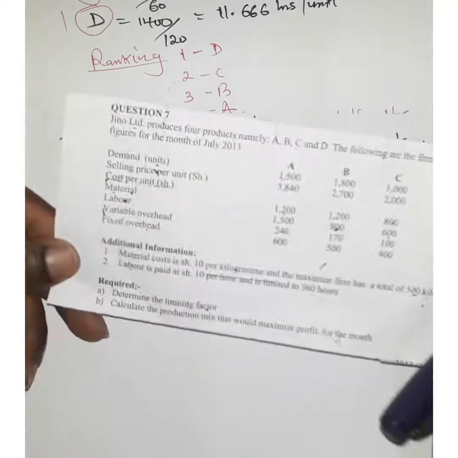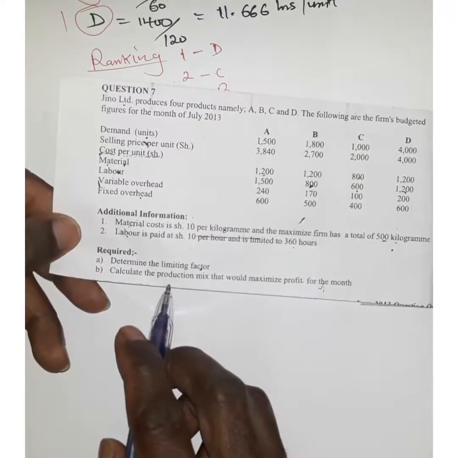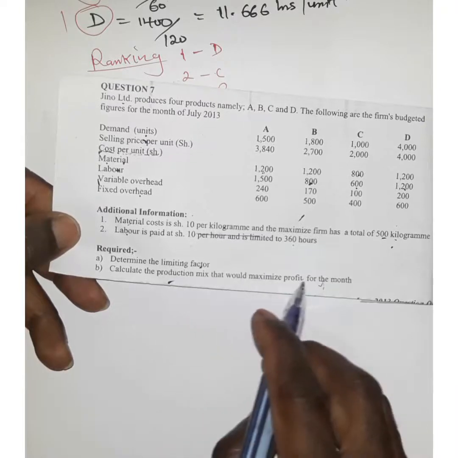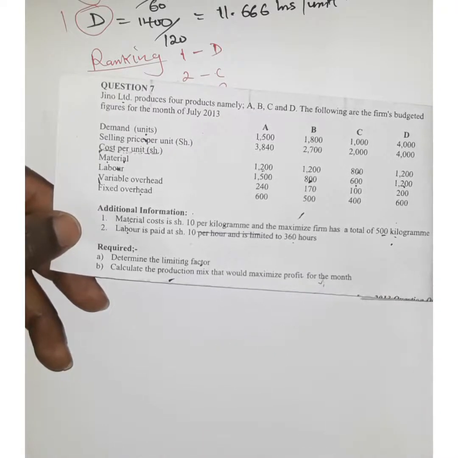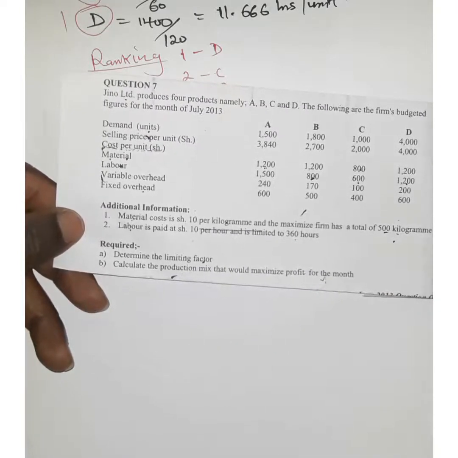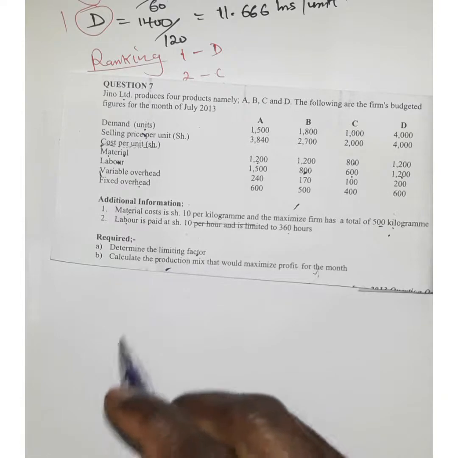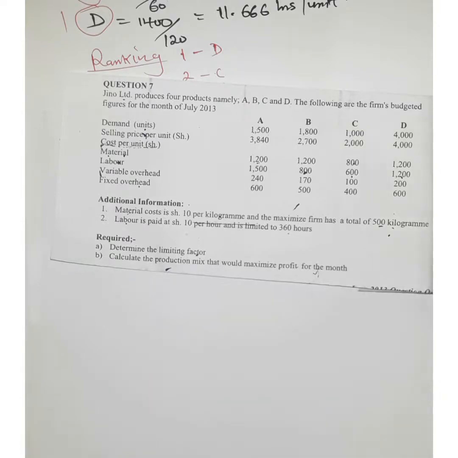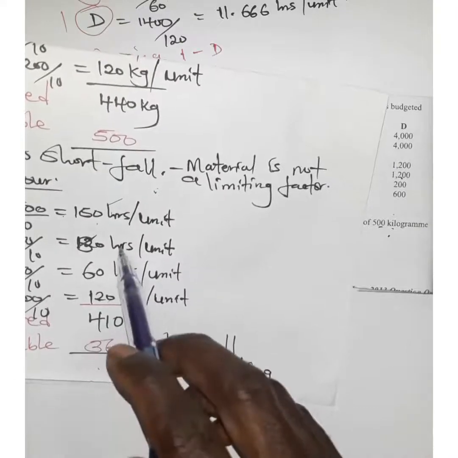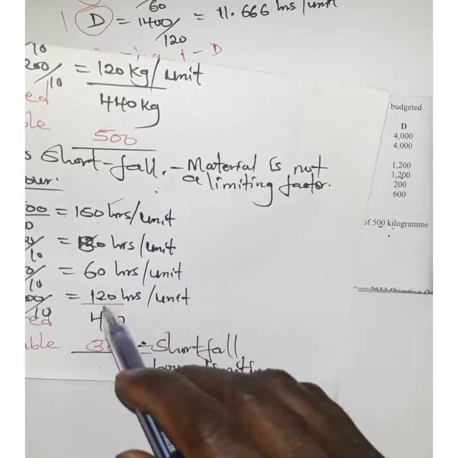The next thing I want us to do is the production mix that would maximize profit for the month. For us to get how much profit is to be maximized, we subtract all the costs from sales.